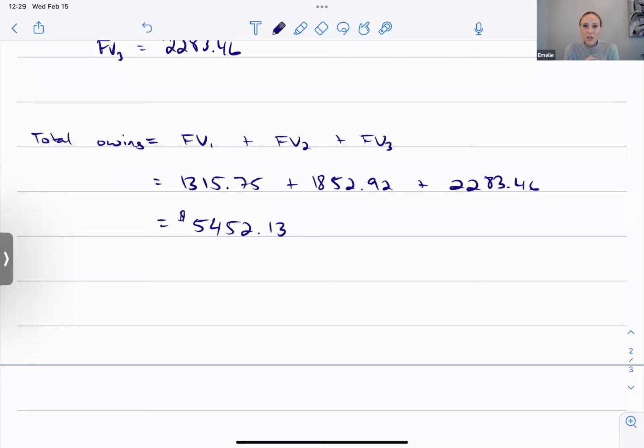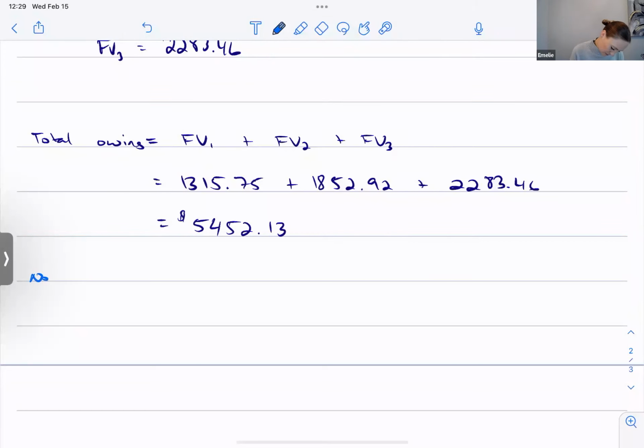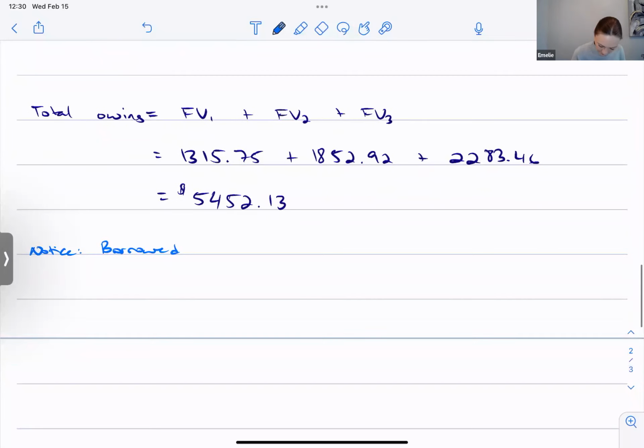What was the original amount? Notice she borrowed $2,200 plus $1,800 plus $1,300.